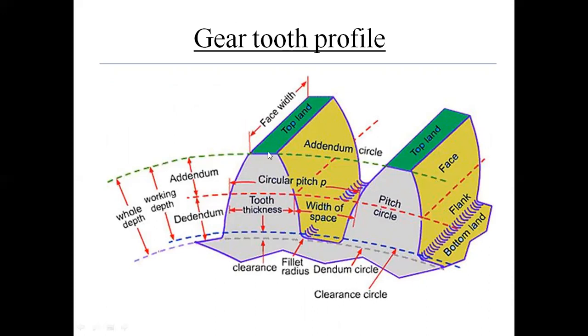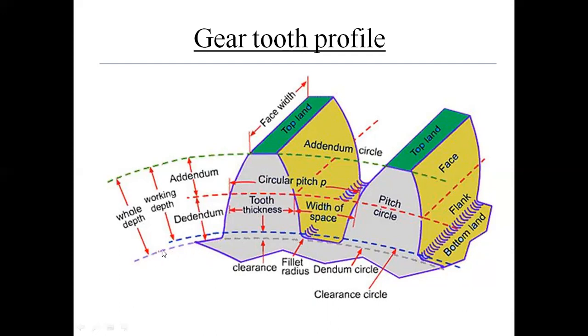So addendum circle is the circle drawn through the top of the gear teeth. It is denoted by the green dotted line, and this is the top land. The circle passing through the top land is nothing but the addendum circle, and the circle drawn through the bottom of the gear, this is the bottom land, that is nothing but the dedendum circle.